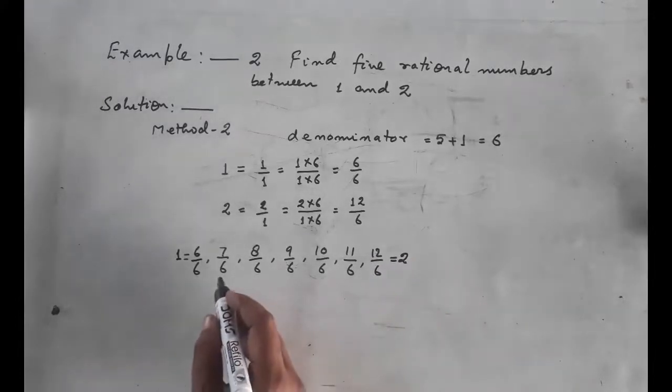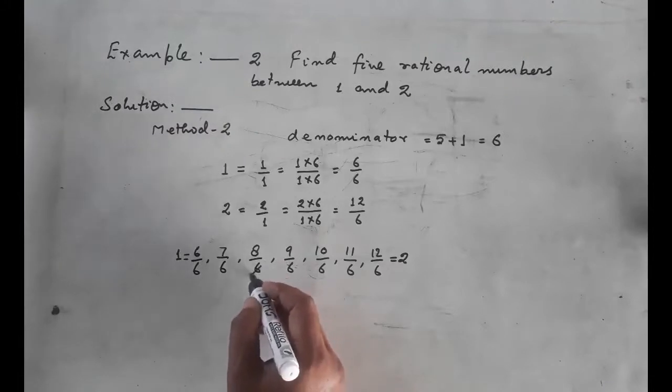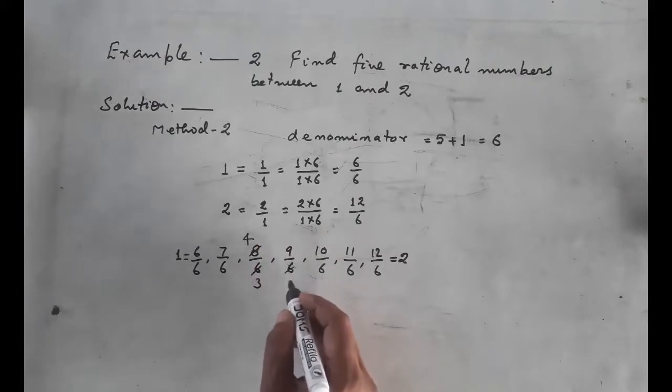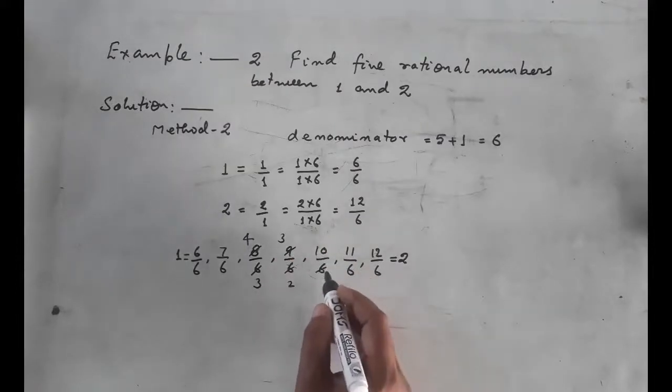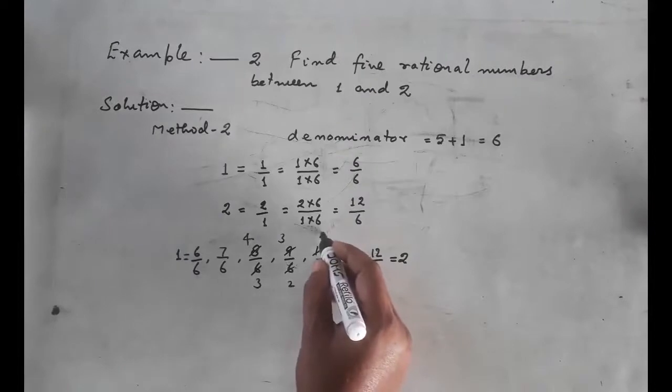We can write these as 2 3s are 6, 2 4s are 8, 3 2s are 6, 3 3s are 9, 2 5s are 10.